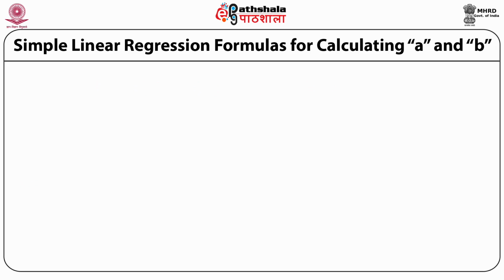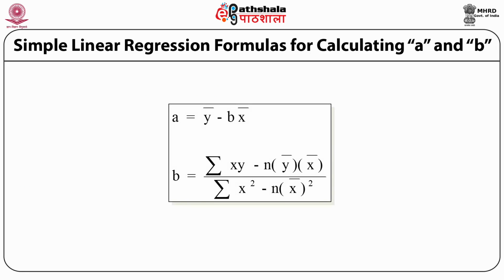Simple linear regression formulas for calculating a and b are shown in this slide. A, which is the intercept in the equation, is given as average of y minus b into average of x. But a can only be estimated after calculating b. B is the slope of the regression line.